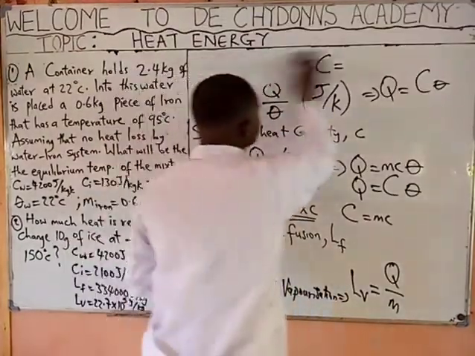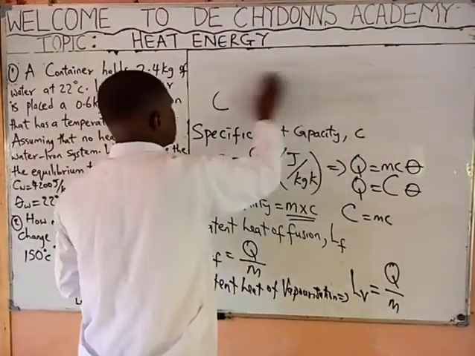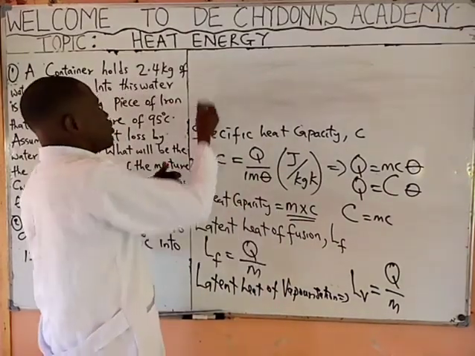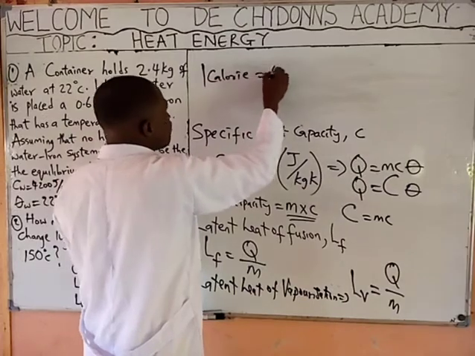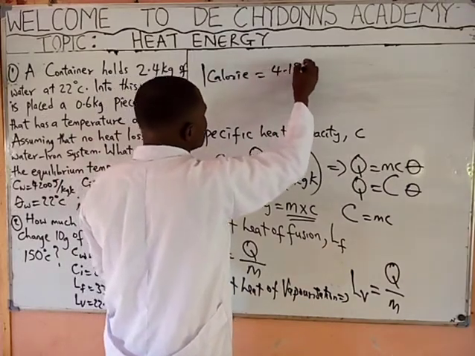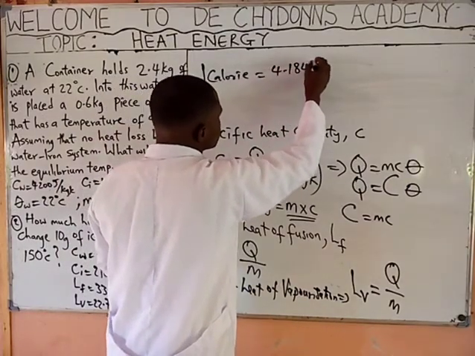Note that 1 calorie equals 4.184 joules.